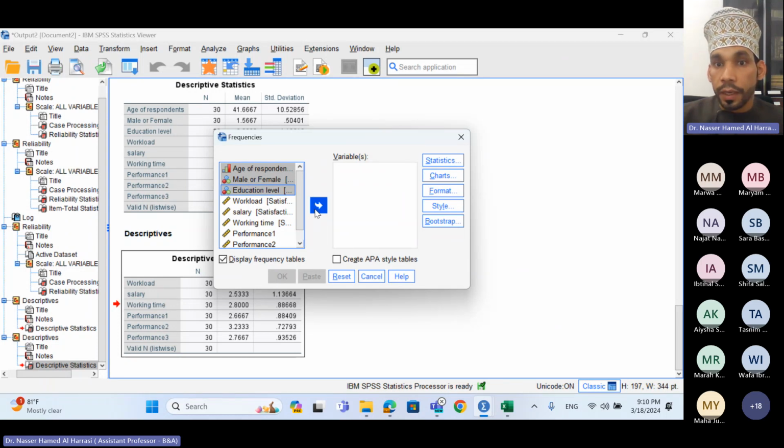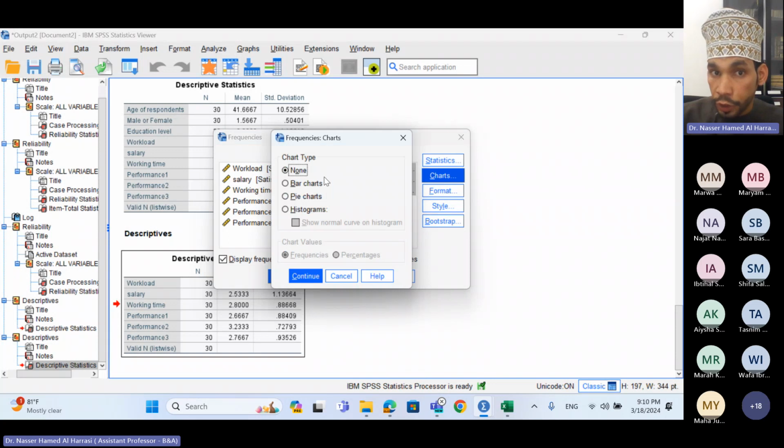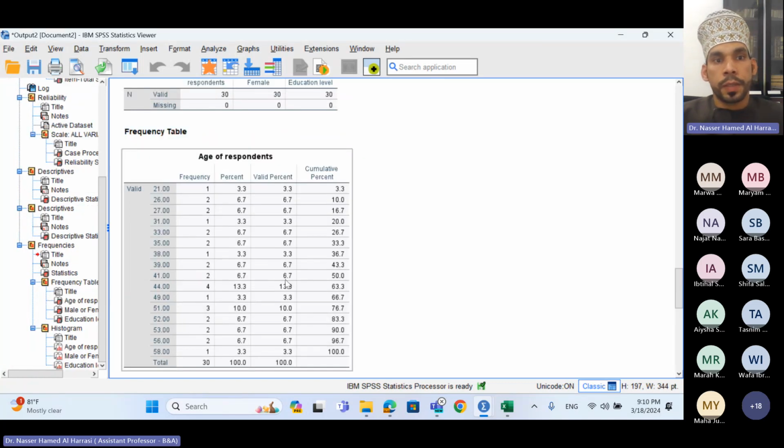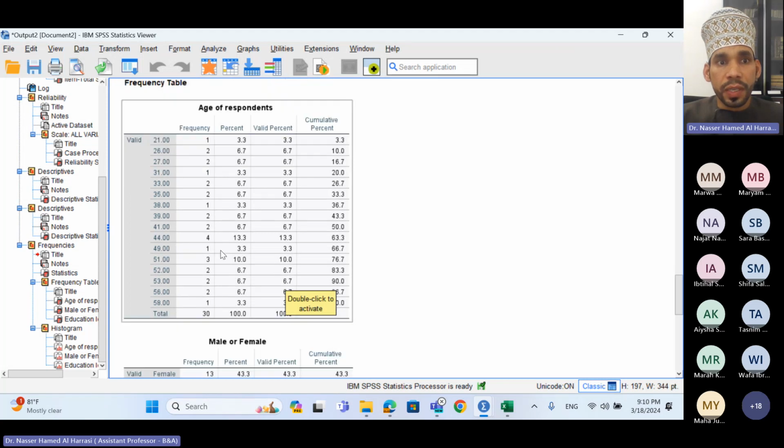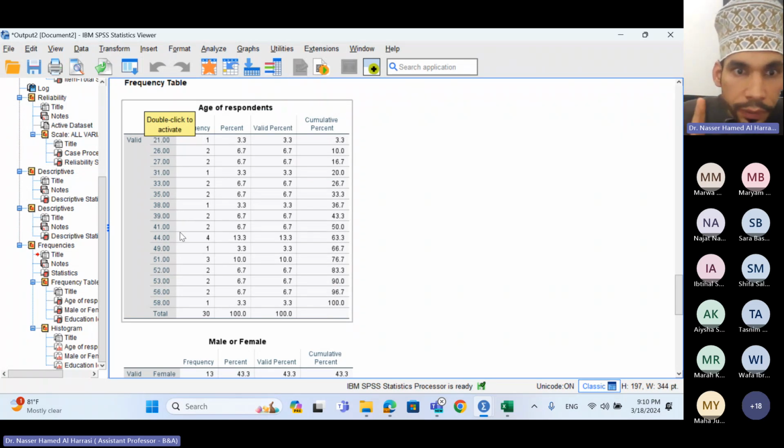Click it here. If you would like to have a chart, it is going to generate a chart for you. For example, I would like to get a bar chart or pie chart or histogram, whatever you would like. Then I click OK. See the frequency here for the age, as we are using numbers. You remember I told you that we are using numbers, but we don't want the numbers. For the age, we can use the mean because we have many numbers and it will be very difficult to report the age of respondents.